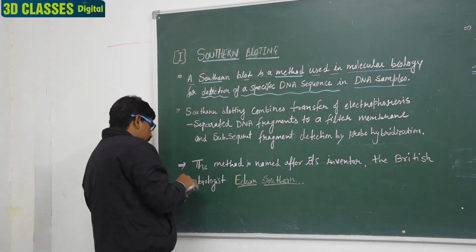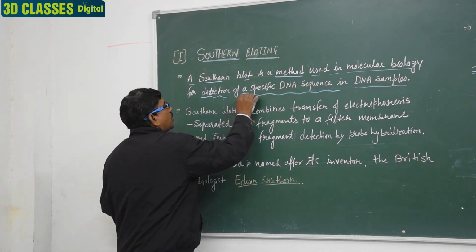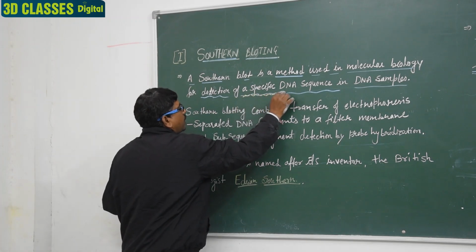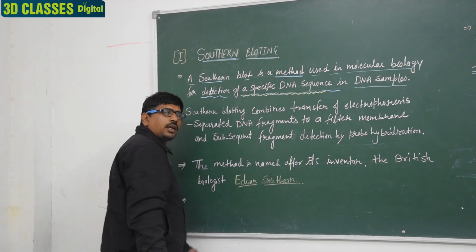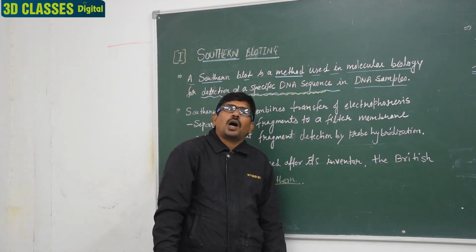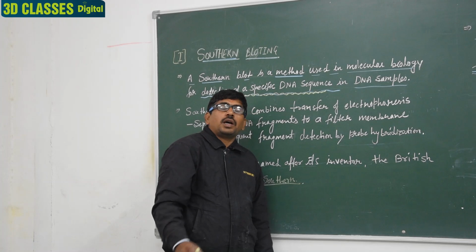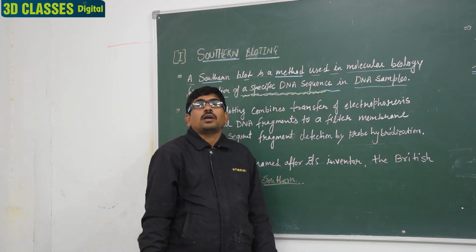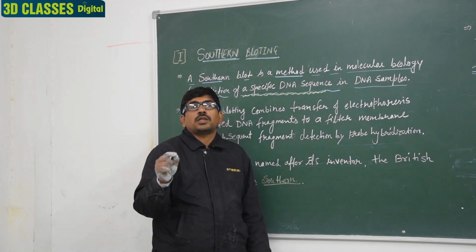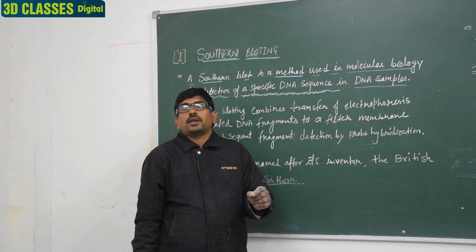So this explains very clearly that in a complete DNA, how it is possible that we detect a specific sequence of the DNA.